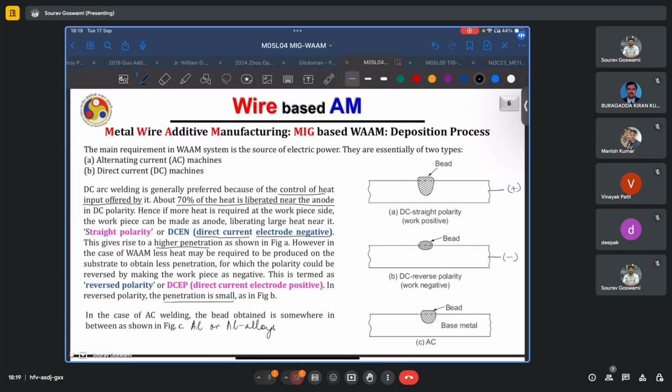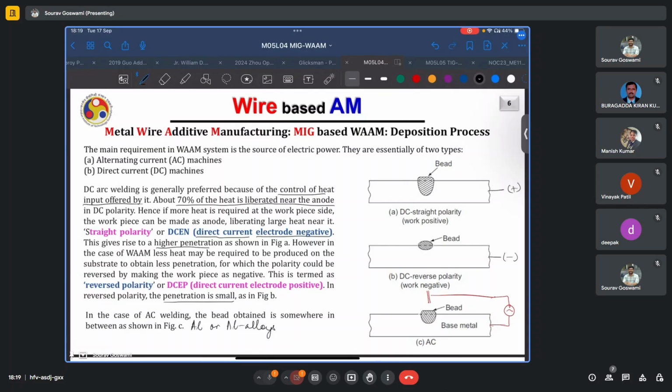Thus, we would like to get rid of this aluminum oxide layer, and to do that, we will resort to an AC type of welding source, because what will happen is, say you have this electrode here, and they are both connected to an AC source.